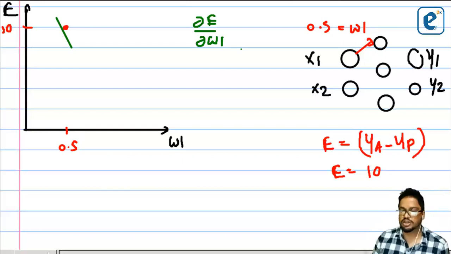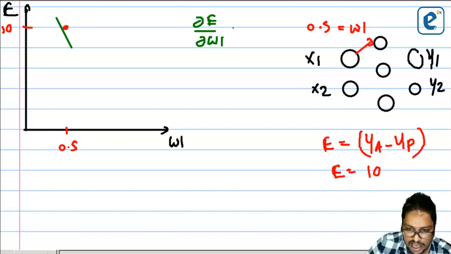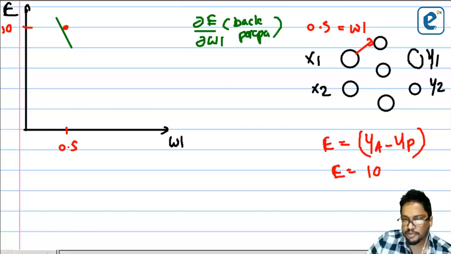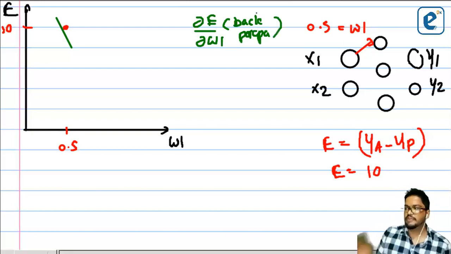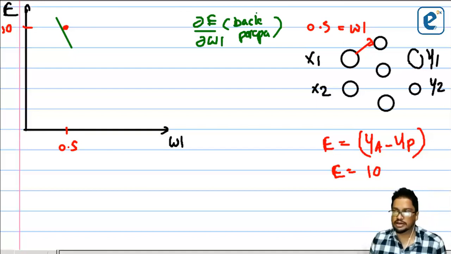We are going to calculate the gradient, and this is given by the backpropagation algorithm. This value is given by the backpropagation algorithm. We will discuss that later.